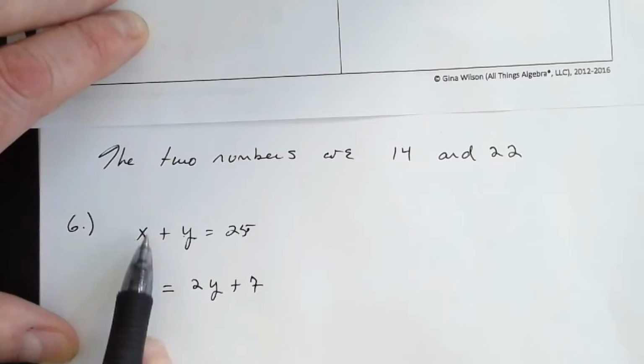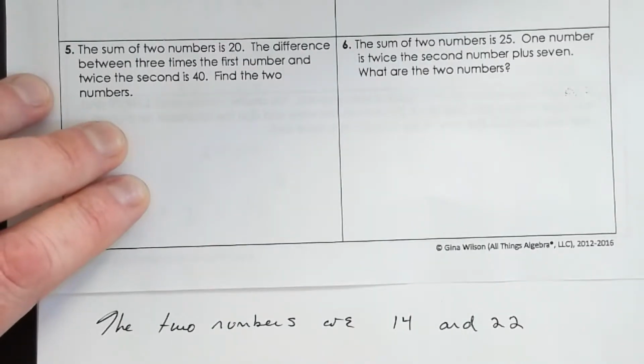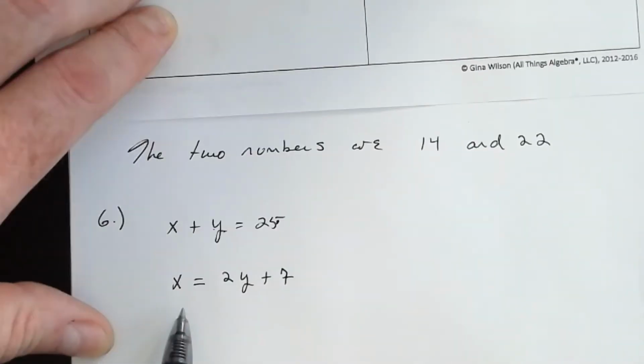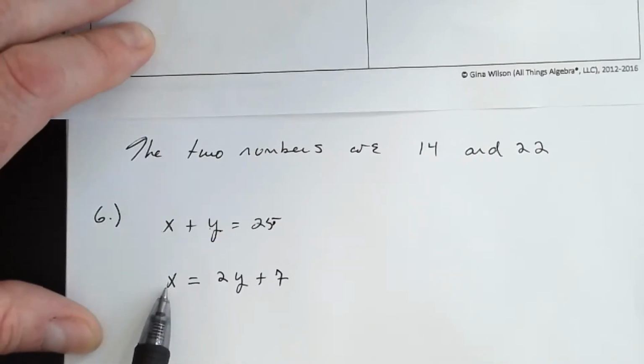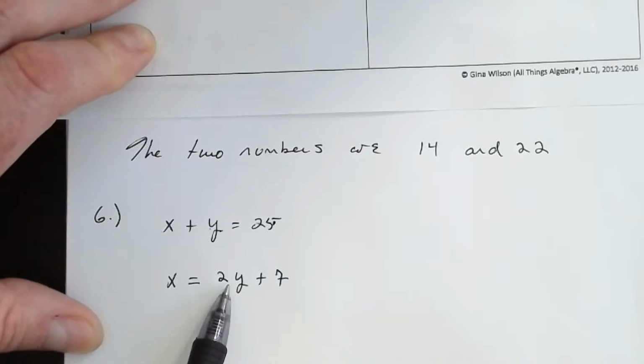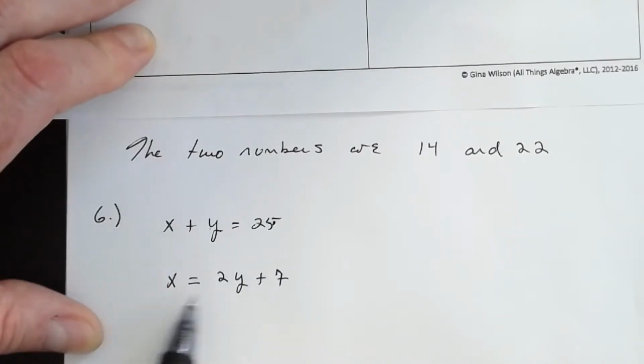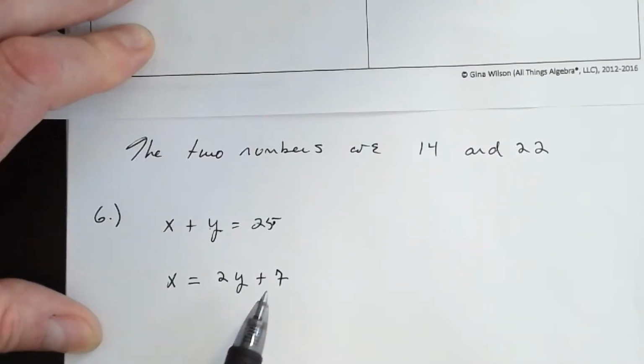So it's telling us that the sum of those numbers is 25. It tells us that one of those numbers, whichever one we choose, is twice the other number, which would be twice the y plus 7. Now we could have had that y is equal to 2x plus 7. It doesn't really matter which one you choose.